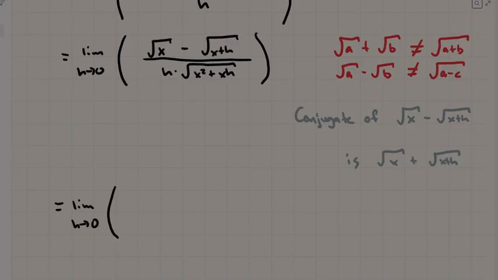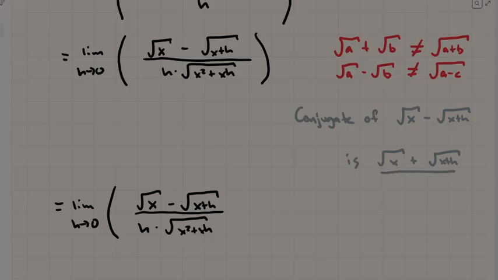So this turns into the limit as h approaches 0 of the square root of x minus the square root of x plus h over h times square root x squared plus xh. Now we want to bring in that conjugate, which is square root of x plus square root of x plus h, and we're going to multiply by it in such a way that we don't change the value.